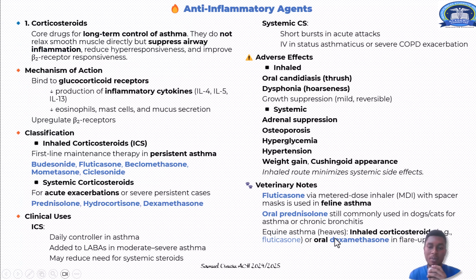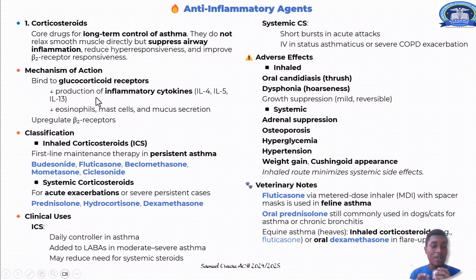Alright. Then let's come to our corticosteroids. That's the mainstay behind asthma management. The corticosteroids are the core drugs, like I mentioned, for long-term control of asthma. What they do not do is relax the smooth muscles directly, but they suppress airway inflammation. They tend to block almost everything that we've mentioned: mast cell stabilization, inflammatory cytokines, interleukin 4, 5 and 13.